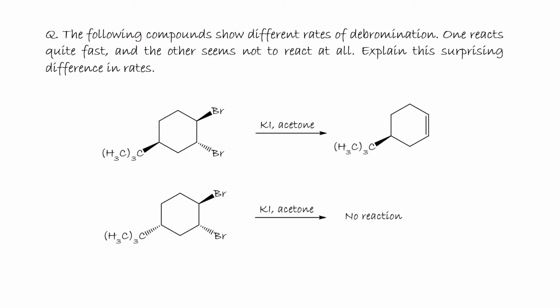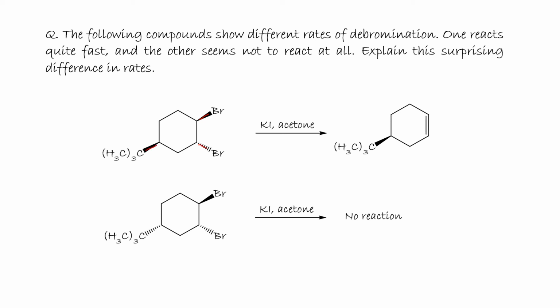The following compounds show different rates of debromination. One reacts quite fast and the other seems not to react at all. Explain this surprising difference in rate. Okay, Br is up, down, and here is up.